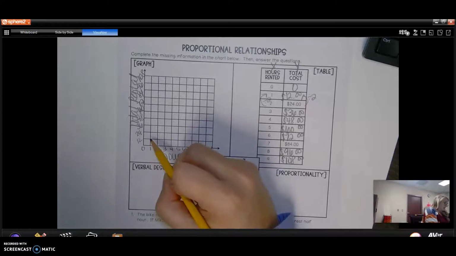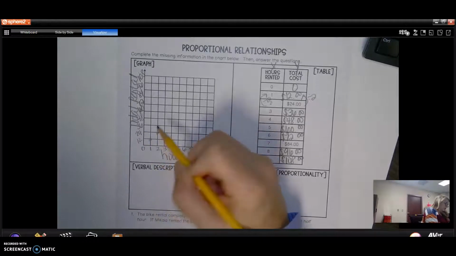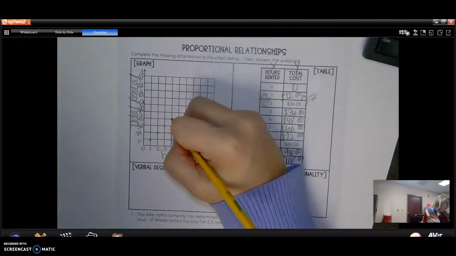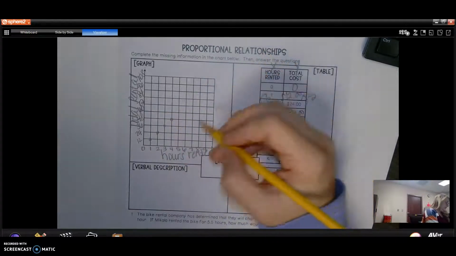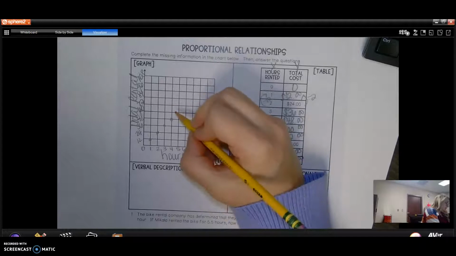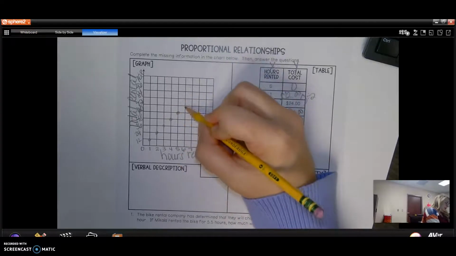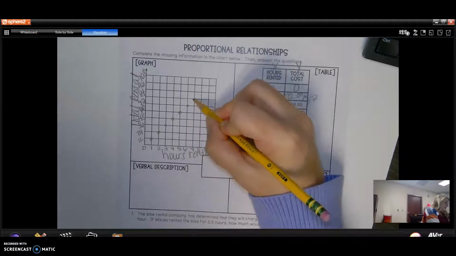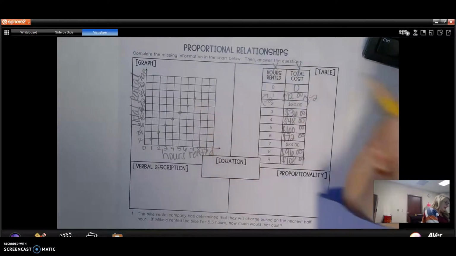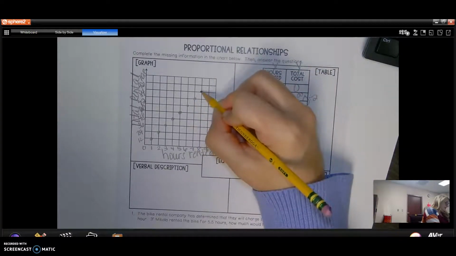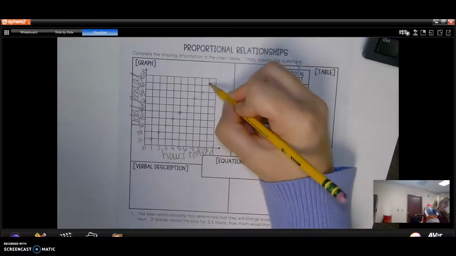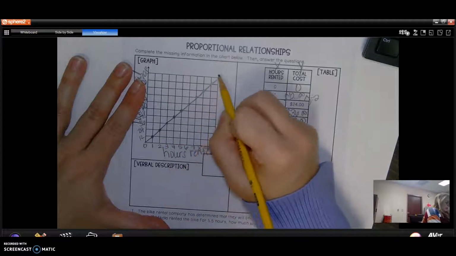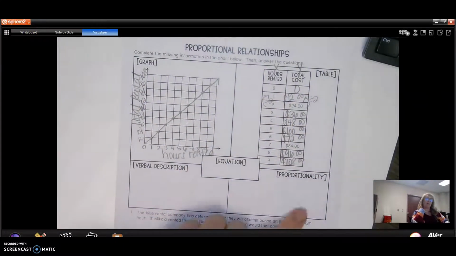So in 1 hour, 12, 2, 24, 3, 36. And remember again, if I'm going too fast, because I'm trying to keep within my 15-minute time limit, you can pause the video at any time and try to catch up. So 7, and 84, 8, and 96, 9, and 108. It is a straight line that passes through the origin, so keep that in mind when we go down here to talk about proportionality.